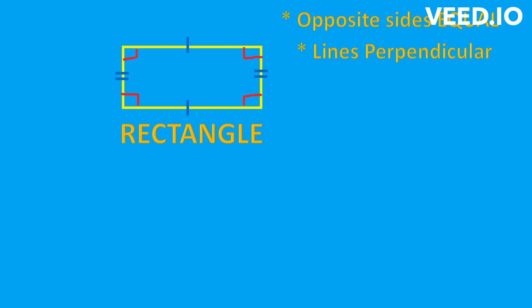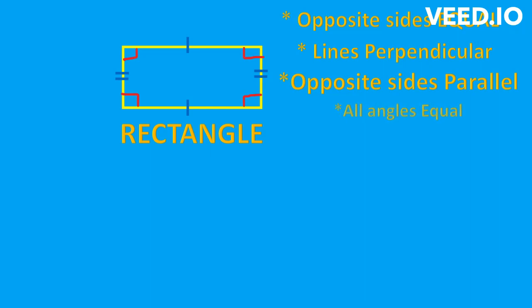And also they make right angles with each other. They are perpendicular to each other. They have opposite parallel sides and all angles are equal to 90 degrees.